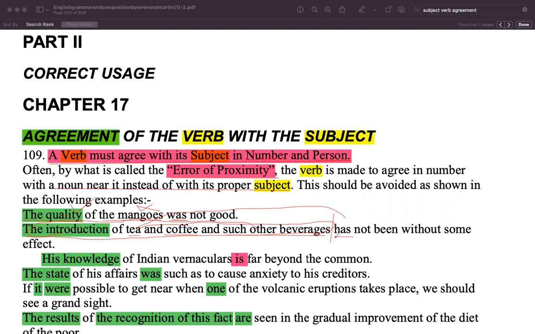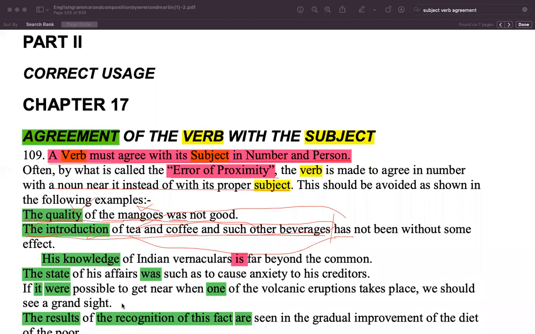It follows the introduction, right? So in that case, you can say the introduction has not been without some effect. It's not about tea, coffee, and such other beverages, right? This is why we can say the quality and the introduction are both called the proper subject. What do you mean by proper subject? The one for which the whole sentence is formed, or which the verb follows.